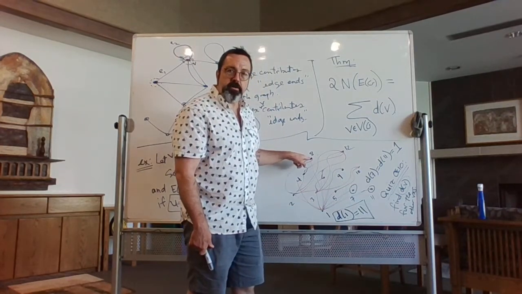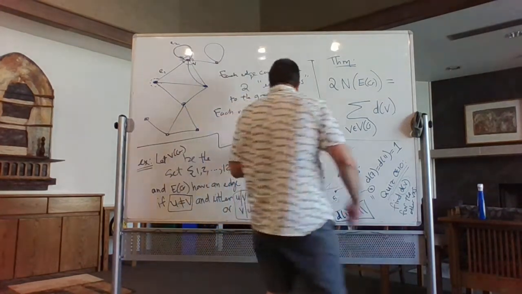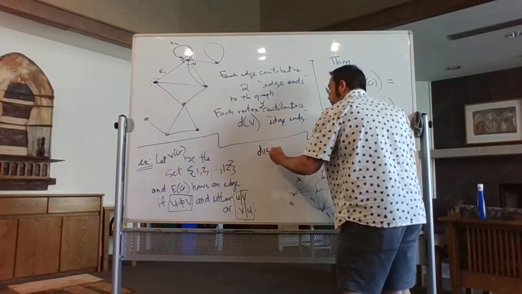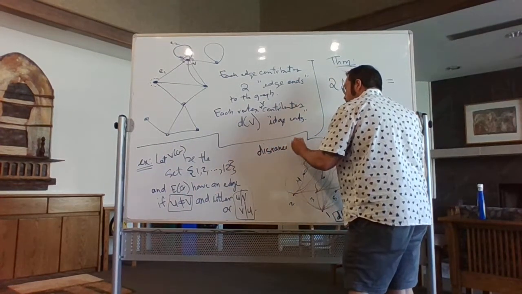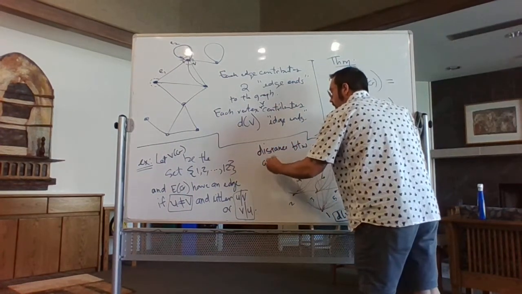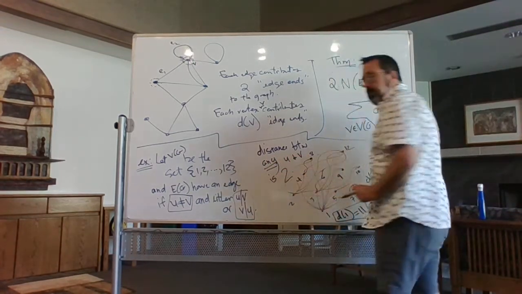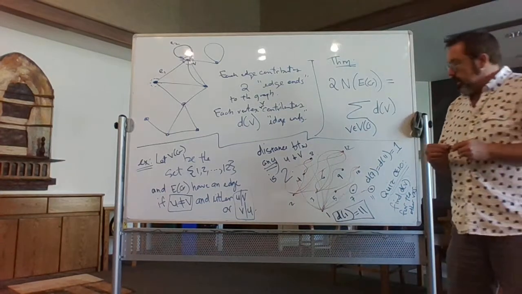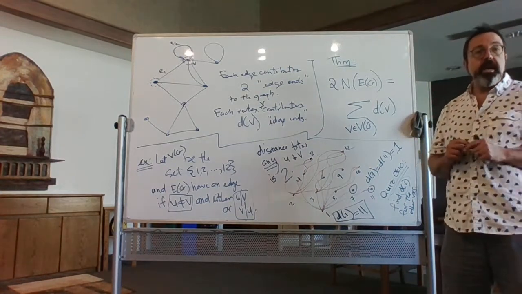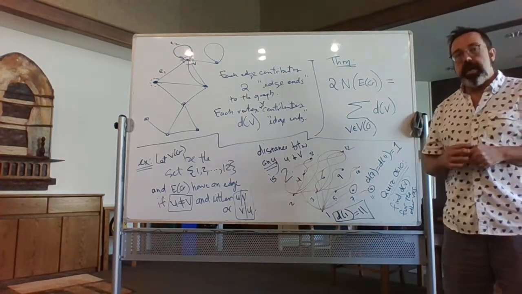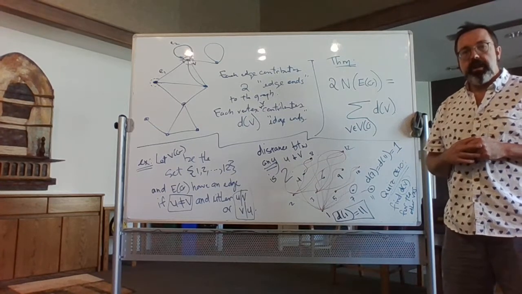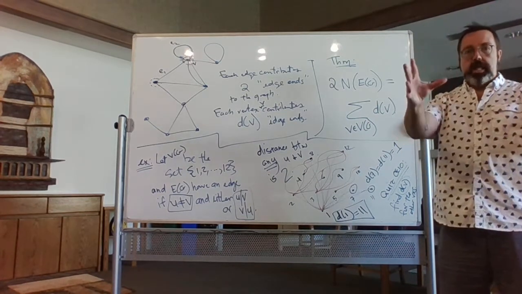So the distance between any u and v is 2 in this graph. And we would say that the graph has diameter 2, the diameter being the greatest distance between any two distinct elements in the graph.